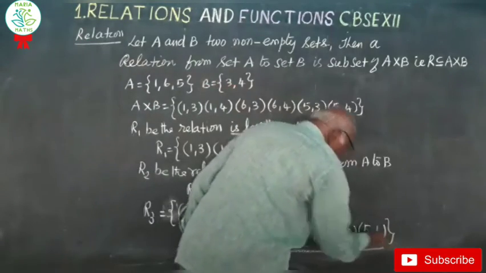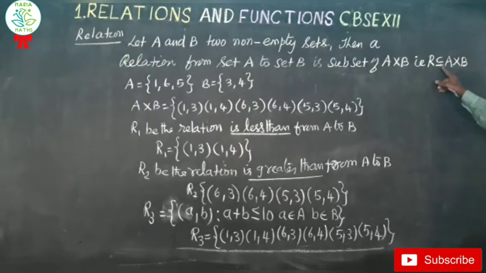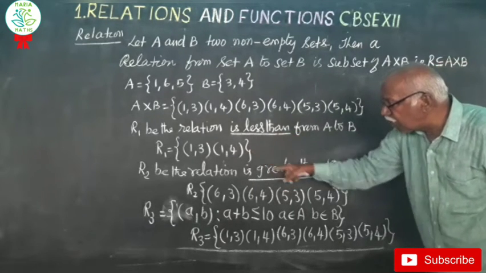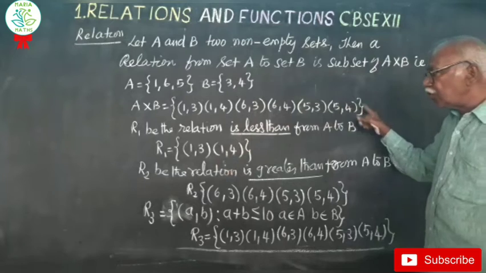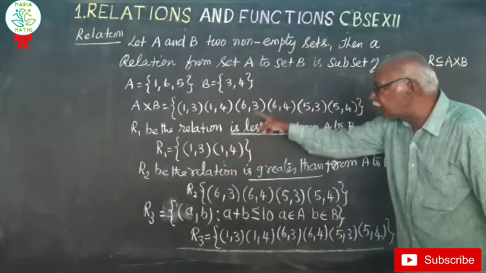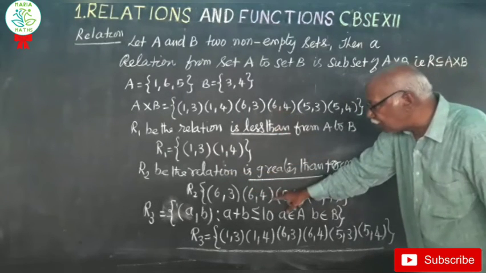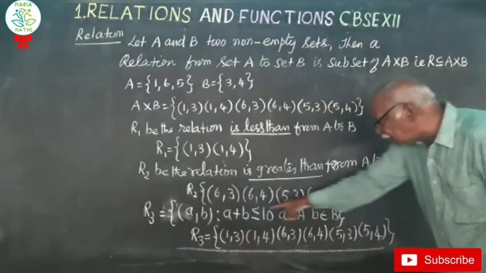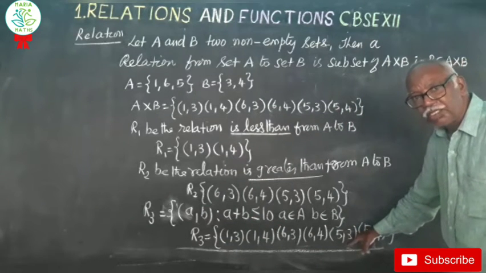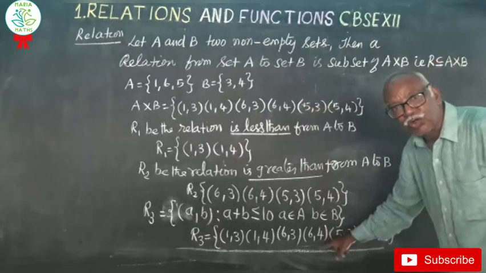Therefore, a relation is a subset of A cross B or equal to A cross B. Here R1, R2: all the elements present in R1 are also present in A cross B, so we can say R1 is a subset of A cross B. All the elements in R2 are also in A cross B, therefore R2 is a subset of A cross B. Whereas if you look at R3, all the elements of R3 are also in A cross B, so we can say A cross B is equal to R3.